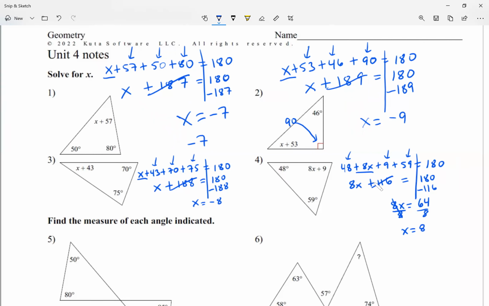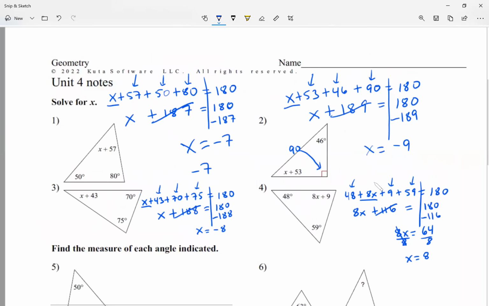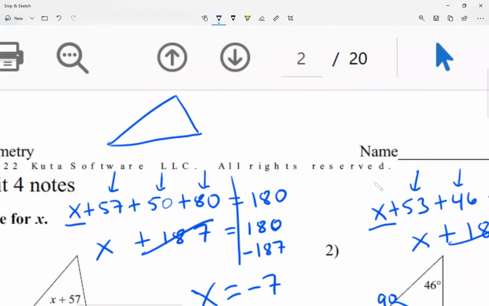Now, if you guys don't believe me, I'm gonna tell you guys about a cool experiment you can do. All right, get a piece of paper and cut a triangle, any triangle. Let's say I do this real quick. If you want to shade the corners, shade the corners and then cut them out.